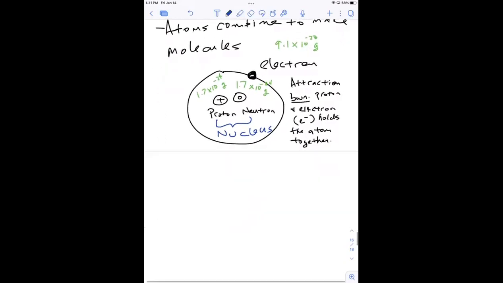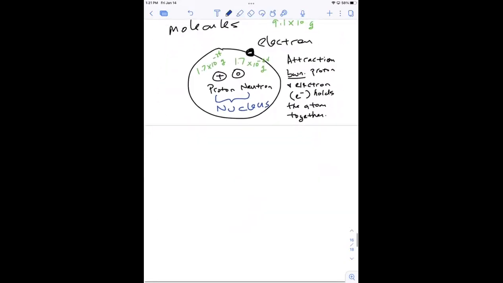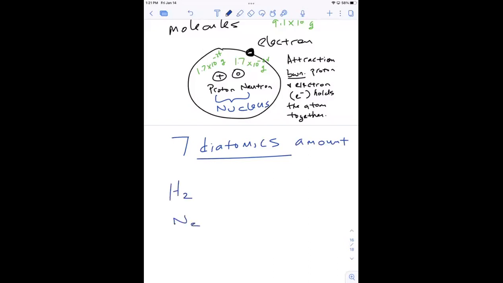All right, so while we're discussing atoms, there are 7 atoms that actually exist as diatomics. Diatomic means that they exist as a molecule of 2 atoms together, right? So hydrogen is one, nitrogen is one, oxygen is one.